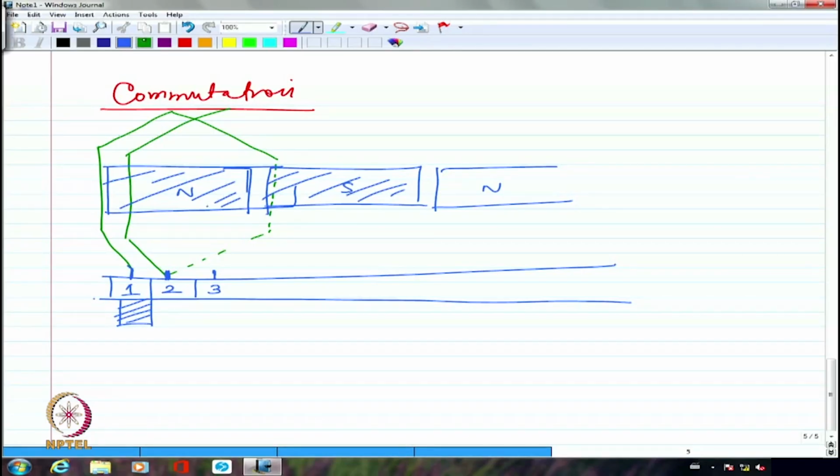I want you guys to understand that the winding is moving. Along with that, the commutator segment is also moving. And I'm looking at this to be stationary. Right? And this should also be stationary. Brush is also stationary.